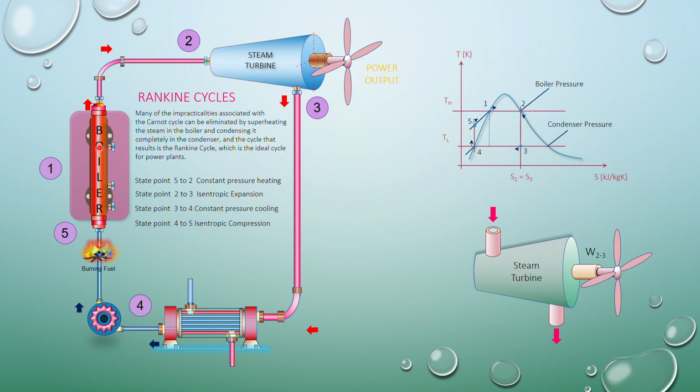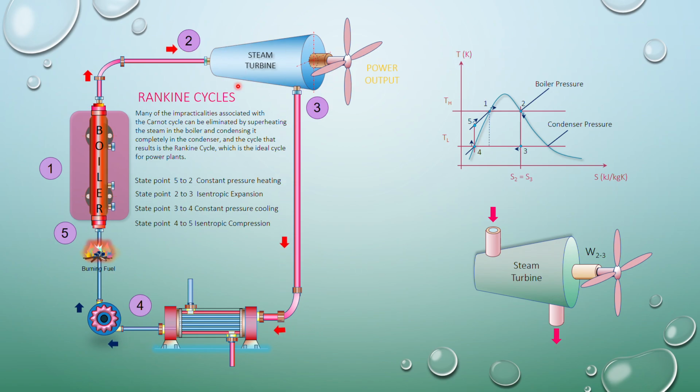So first thing is your boiler. The process associated with the boiler is usually isothermal and constant pressure heat addition. For the steam turbine, you have isentropic expansion.